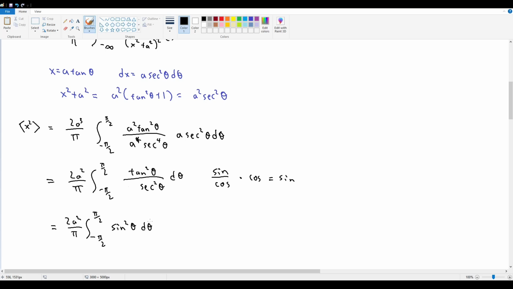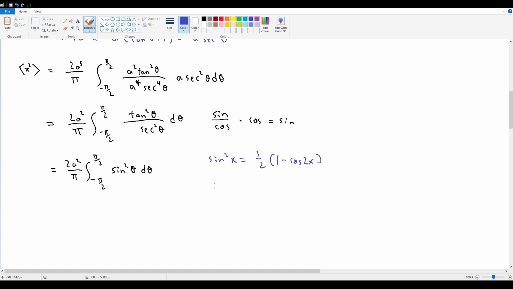d theta. Okay, at this point, we can once again use half-angle theorems, right? Because we know that sine squared of x is equal to, by half-angle theorem in this case, I guess, 1/2 (1 minus cosine 2x), though half-angle and double angle are kind of interchangeable, realistically. So we're going to use this identity for trig.